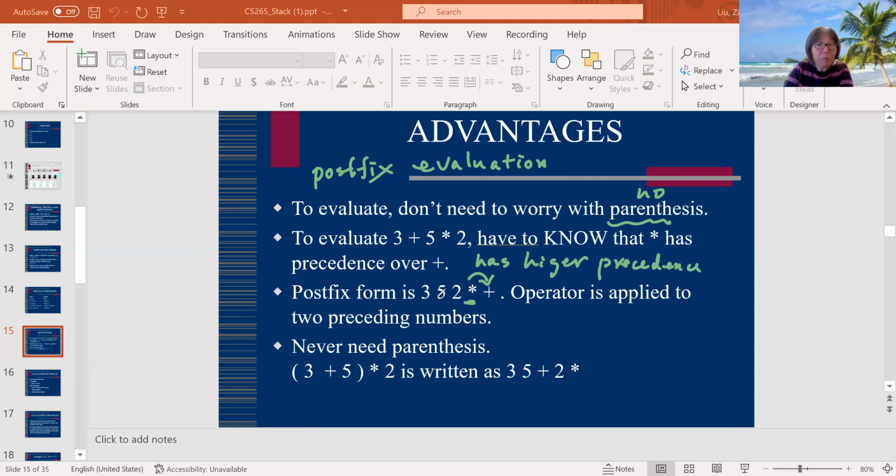So then we know we are going to first evaluate this, and after that, we are going to evaluate the next. Because we strictly follow the operator precedence, not like the parentheses.